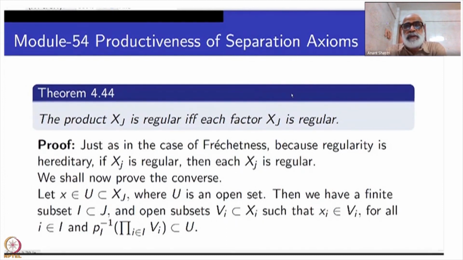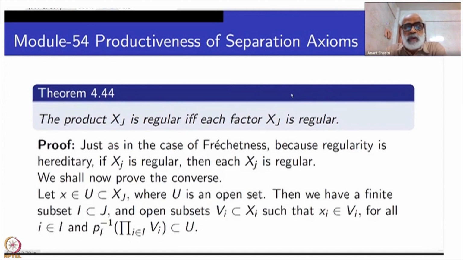Because you can always think of each factor space as a subspace of the product space. X cross a singleton in Y goes inside X cross Y, so that is a subspace, and X can be identified with that. That is what we have been using again. So if the product space is regular, the subspace will be regular. That means each factor is regular. That is easy.